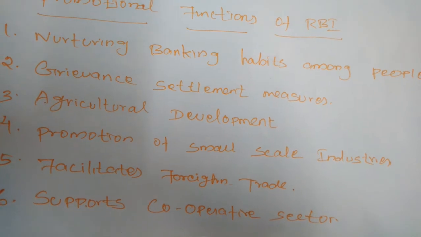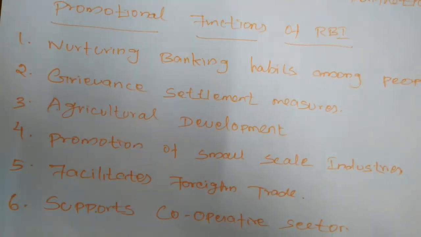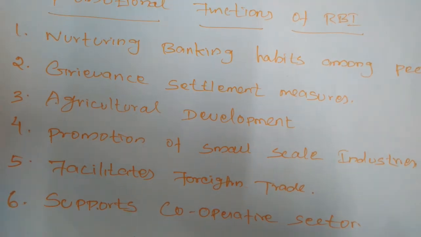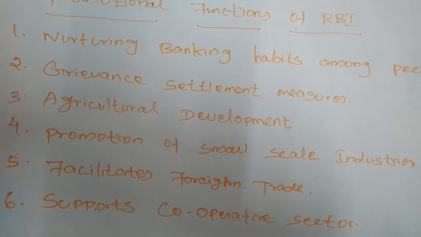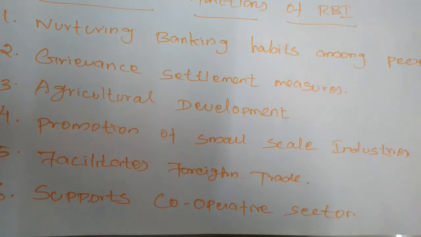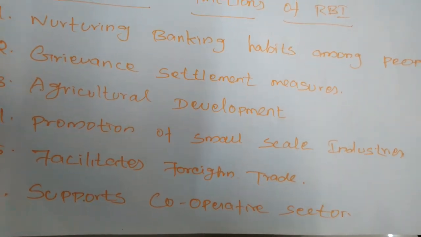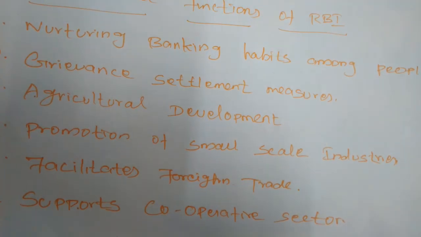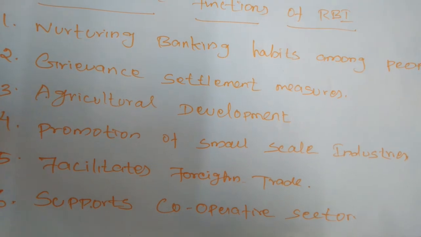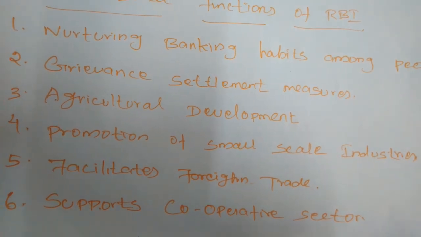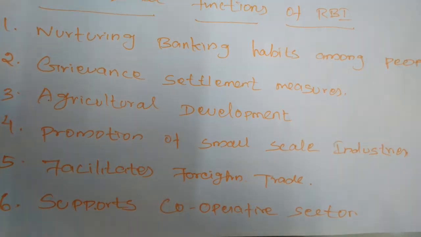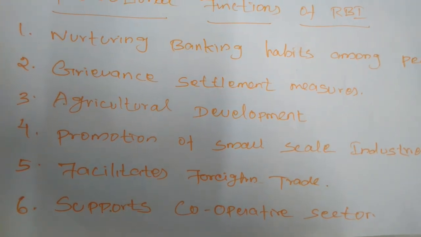It also supports the cooperative sectors. The Reserve Bank of India helps cooperative banks by relaxing their rules and providing indirect financing. We have already studied the cooperative sectors. The members of the cooperative sectors have to collect the required amount, but the Reserve Bank of India also provides some money or financial facilities to the cooperative sectors, directly and indirectly.